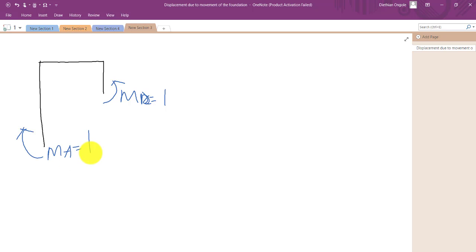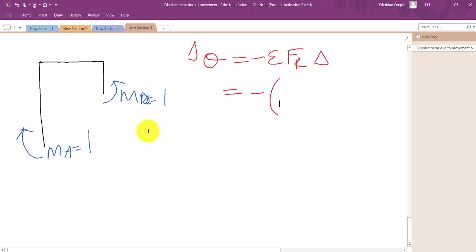Then we come and calculate our displacement as delta theta, which would be equal to negative summation Fr times our displacement delta. So this would be equal to negative, open bracket, our resultant moment is given by 1, but let's check and see whether they are in the same direction.